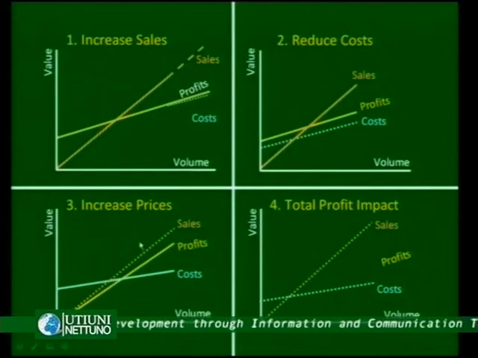So let's go to the third one then, the bottom left-hand side, increase prices. In this one, we can see the sales line has moved up and the price increase has taken place, and the impact of that is gradual and consistent, creating a bigger gap. This is difficult sometimes to do, particularly in a competitive environment where there's a lot of competition.